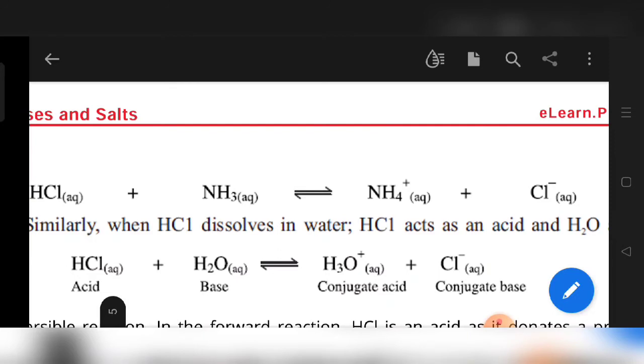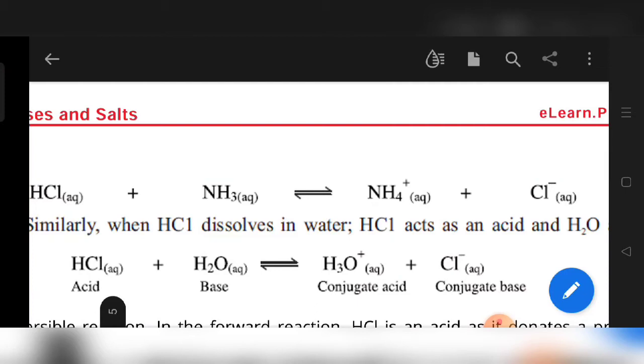Similarly, when HCl is dissolved in water, HCl acts as an acid and water as a base. You can see here that when HCl donates a hydrogen ion to the water, the water will convert into the hydronium ion, H3O positive, by accepting hydrogen from chlorine. In this reaction, hydrochloric acid acts as acid and water as a base, and because the base accepts a proton from the acid, it will convert into a conjugate acid.